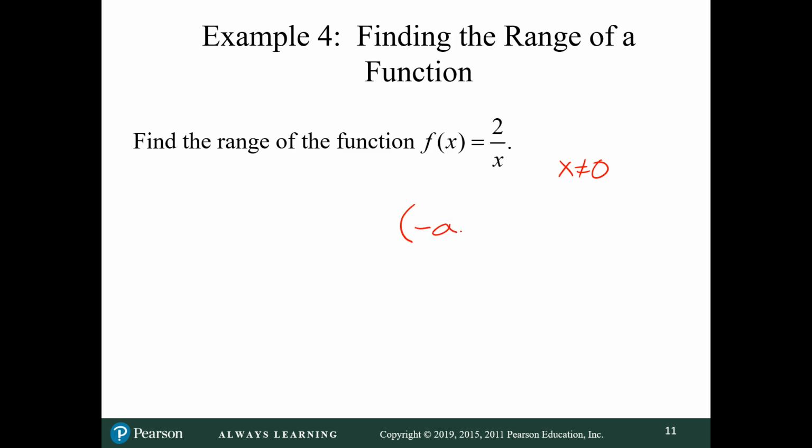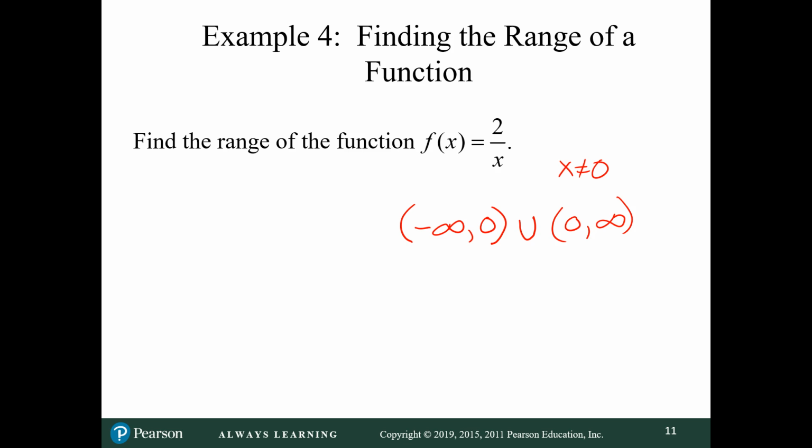We start at negative infinity and go up to 0, but we cannot include 0, so it's a parenthesis, not a bracket. Bracket includes, parenthesis does not include. Then we have a union, and it goes from 0 to infinity. So negative infinity to 0 in union with 0 to infinity.